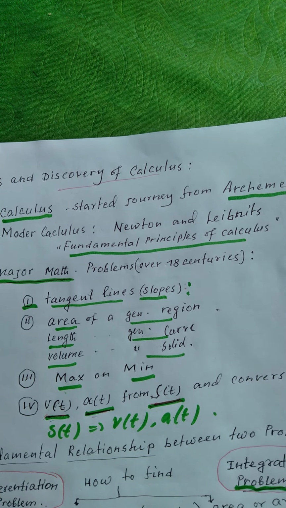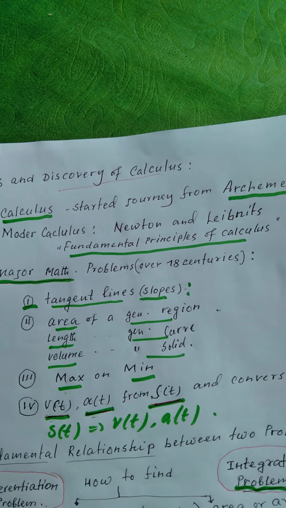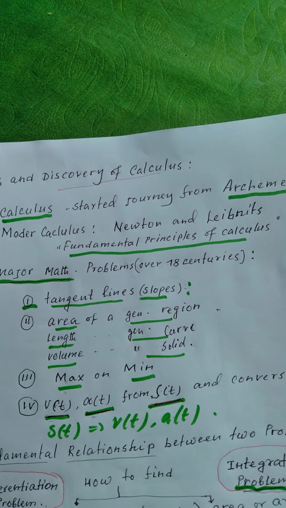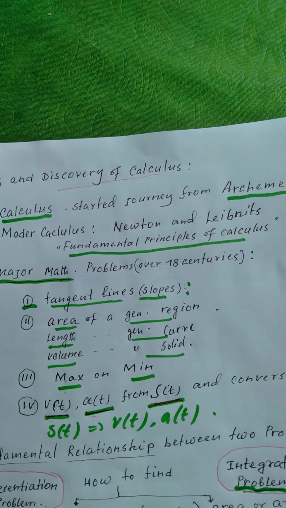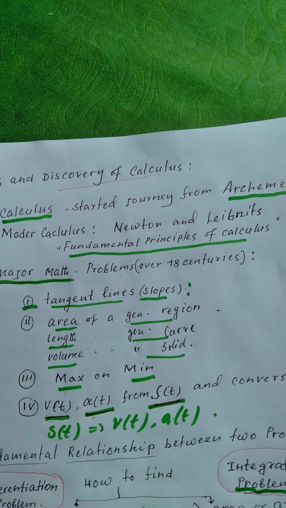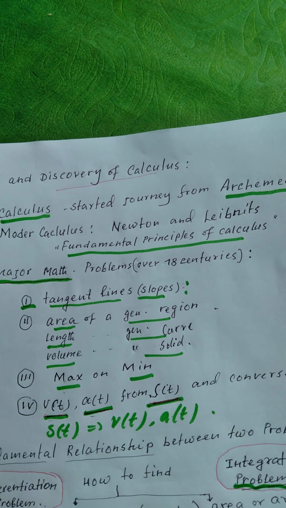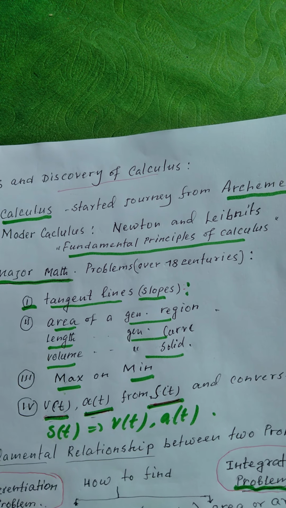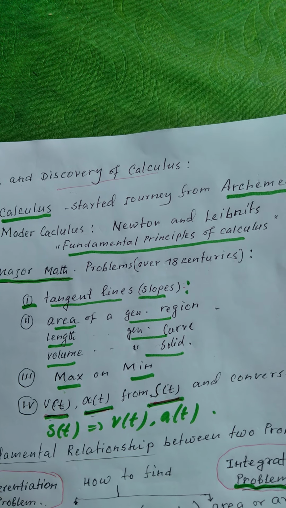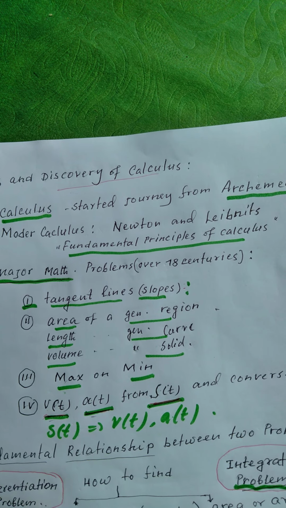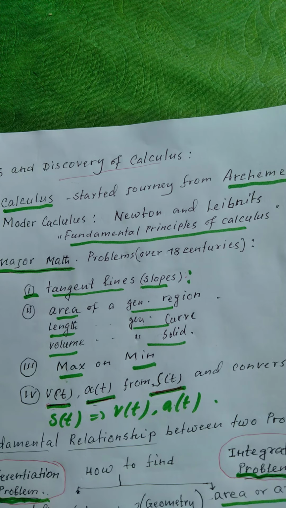Physically this is how to find the instant rate of change function, and for integration this is how to find the original function in absolute quantity. Mathematically this was how to find the derivative function, and for integration this was how to find the antiderivative function. So in fact three pairs of problems, in fact one problem, just different interpretations: mathematical, physical, geometrical. So we have to understand this basic concept.